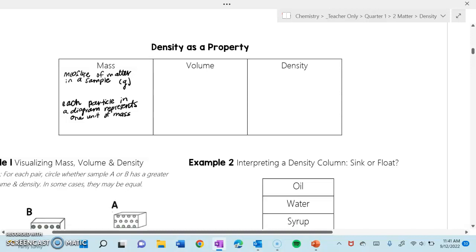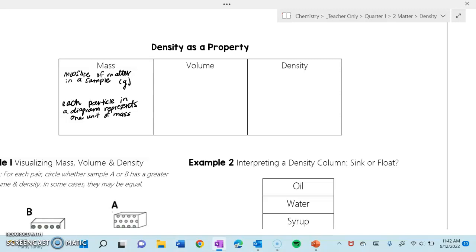And then mass, just a quick note here, is different than weight, because mass is telling us how many atoms are inside of a sample, whereas weight is telling us how much force is being pulled down on that mass. Now, when we're on the earth, mass and weight are going to be related because the amount of mass and the amount of force being pulled down on it are related. But if I were to go out into outer space, let's say we go onto the moon, now we have a different force of gravity, so the weight will be less, but the mass of the object will still be the same.